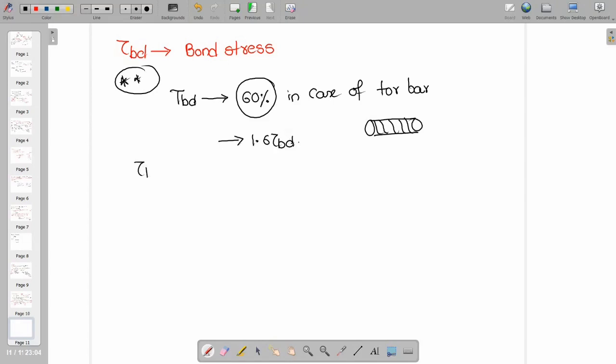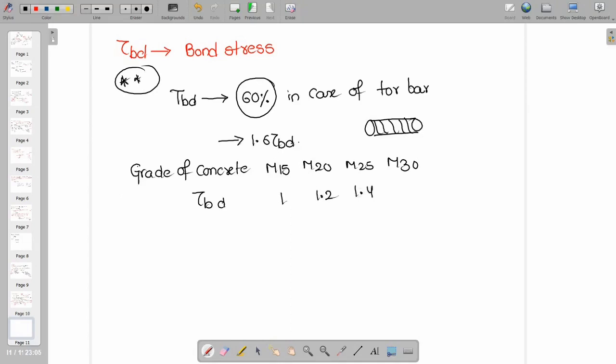Tau BD depends upon the grade of concrete. If you take different grades of concrete, how do you know these values? From the code only. If the grade of concrete is M15, M20, M25, or M30, tau BD is equal to 1, 1.2, 1.4, and 1.5.